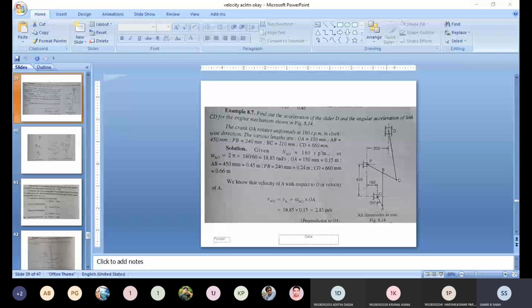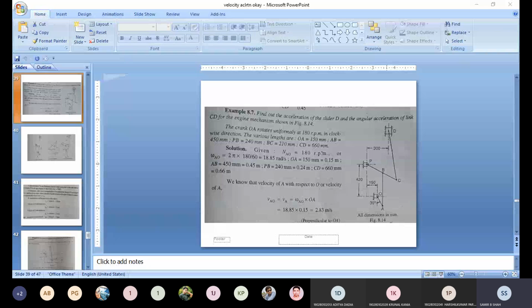Now we start the acceleration diagram. As we know, if we want to find the acceleration diagram, at that time we have to first find which are the fixed points. Here we know that O and P are the fixed points, so they may be considered as O dash and P dash.